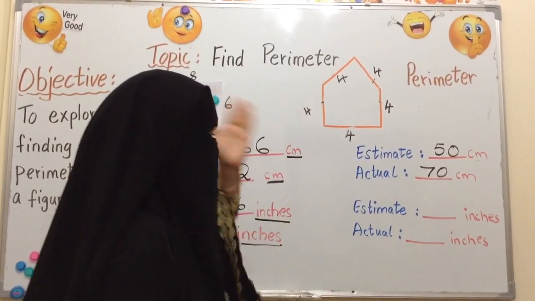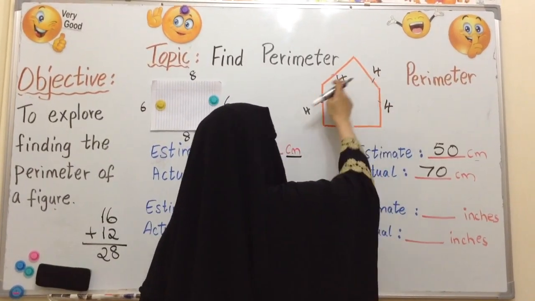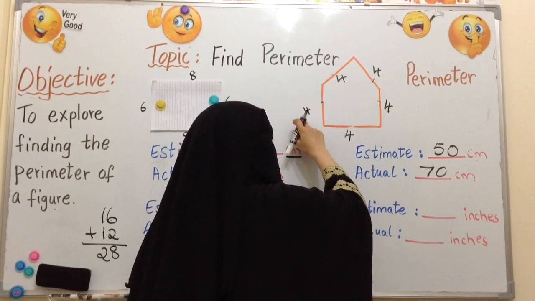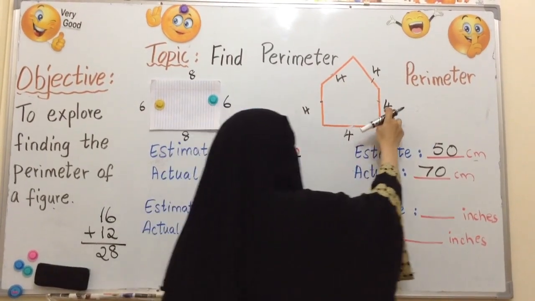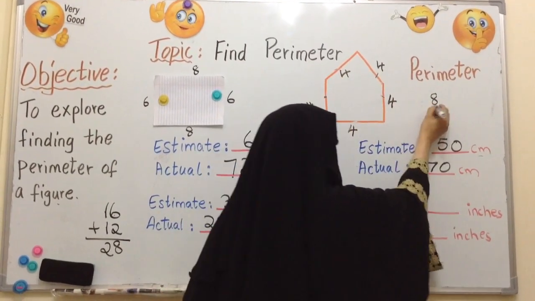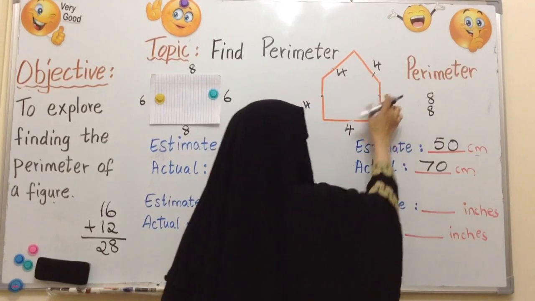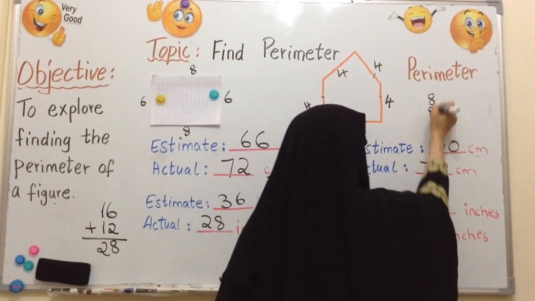I'm thinking I'm going to add 1, 2, 3, 4, 5. Add or multiply, you get the same answer. 4 plus 4, 8. 4 plus 4, 8. This is 8, this is 8. I have still one more 4.